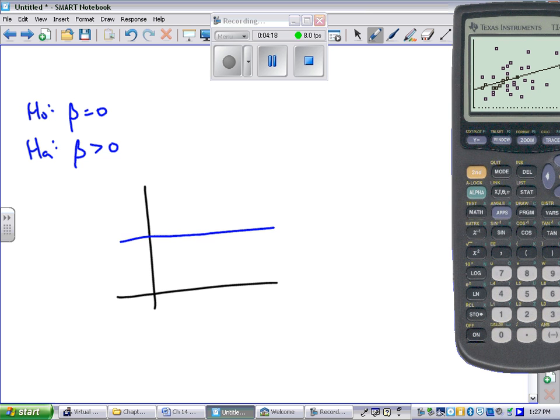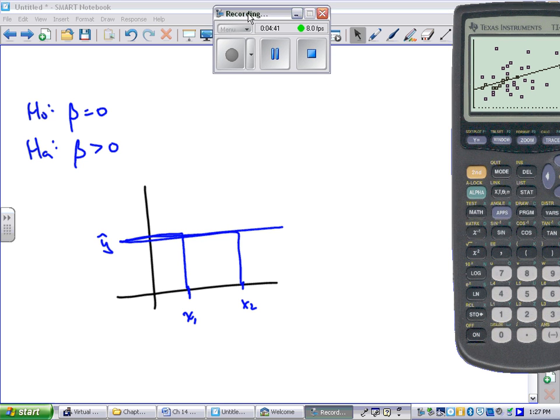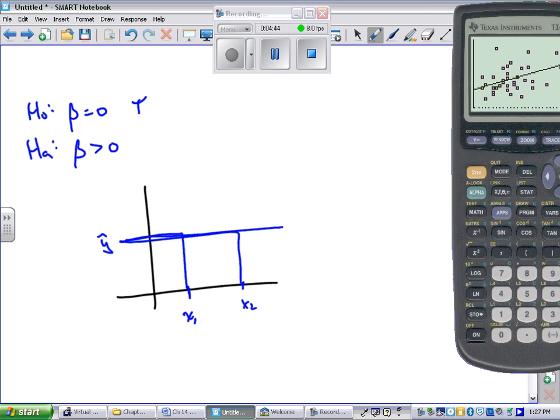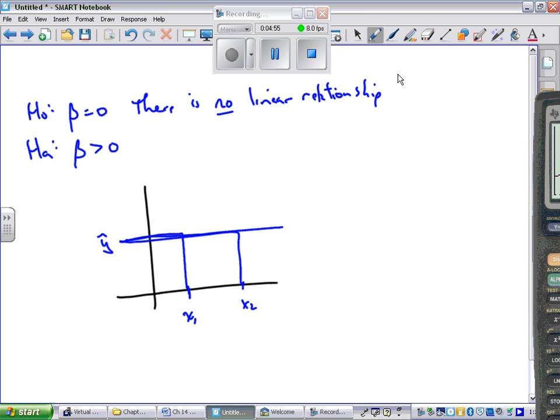So if the true relationship is horizontal, how does my guess for y change as x changes? It doesn't. If this was my x, then I would guess this y. But if this was my x, I'd guess the same y. Because what it means if beta is 0 is that there is no linear relationship between x and y.